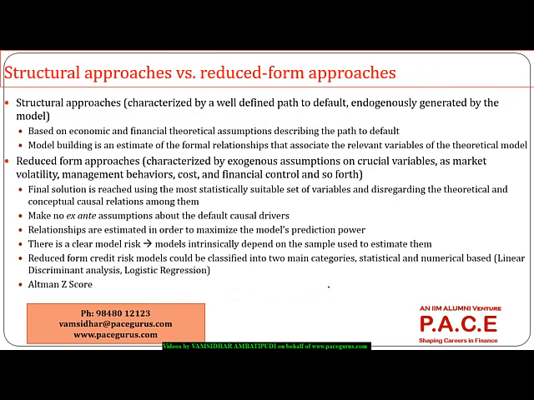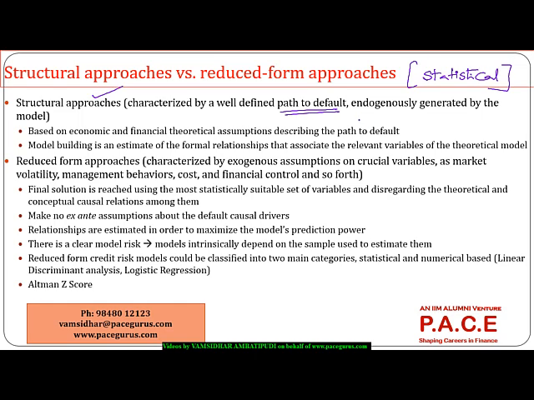Then we are moving on to the next stage of these rating systems, where we are bringing in statistical mechanisms. We are using different kinds of statistical techniques to typically compute the probability of default or to assess the default of a particular party. The structural approaches have a well-defined path to default.